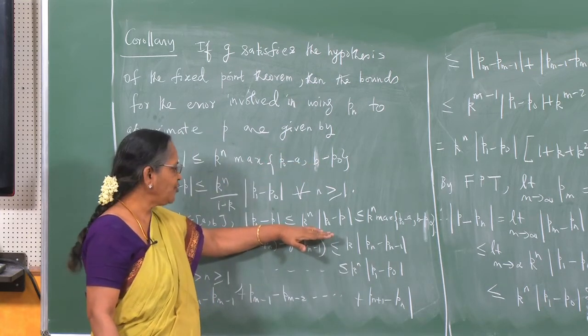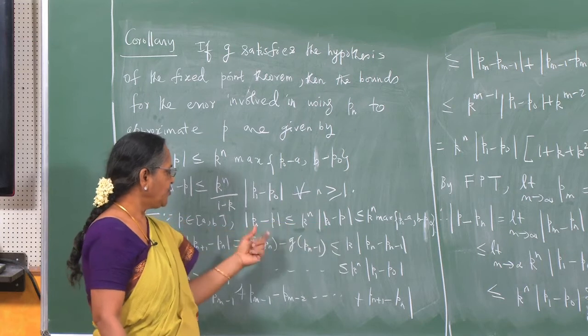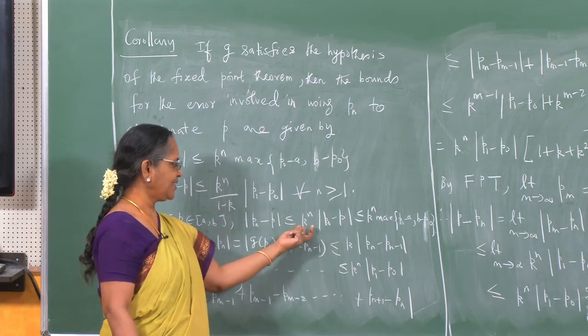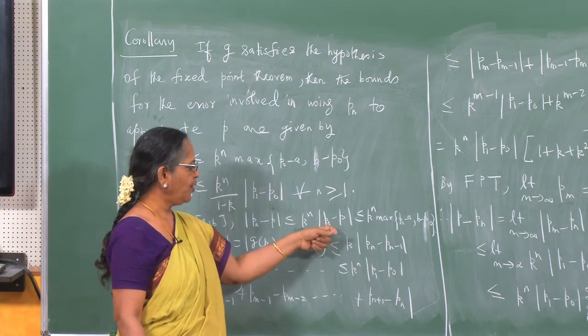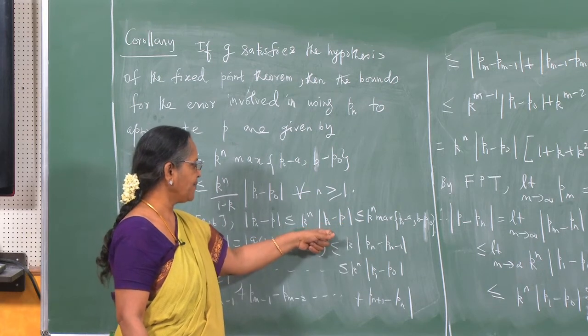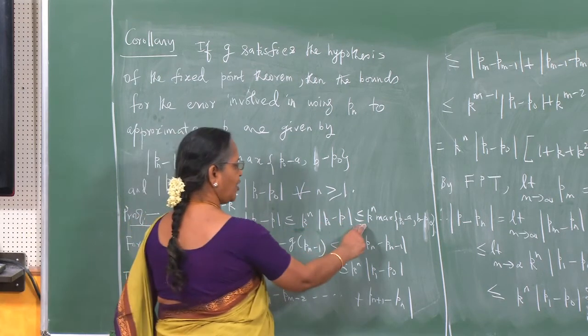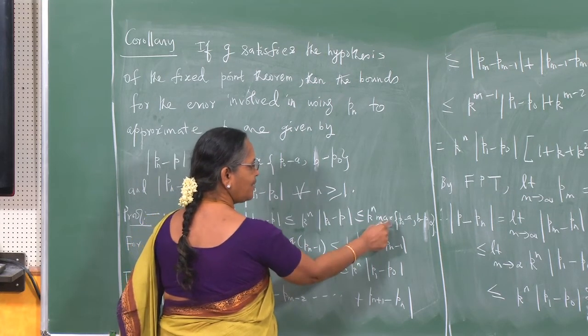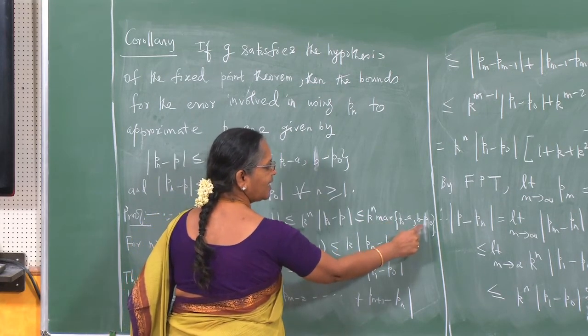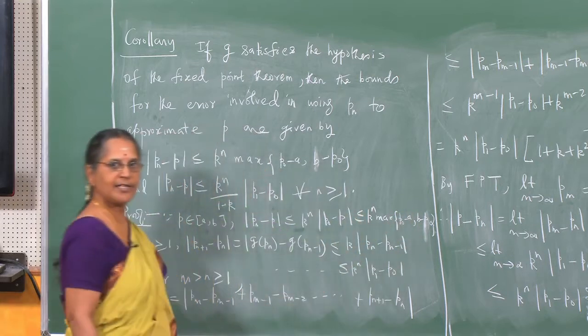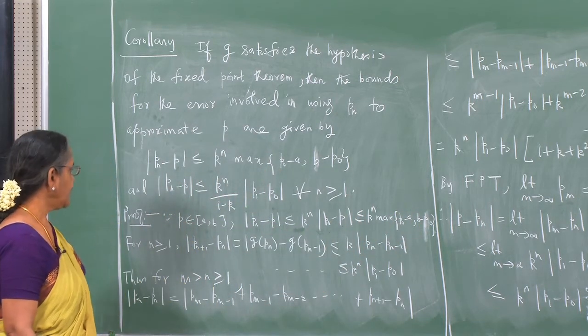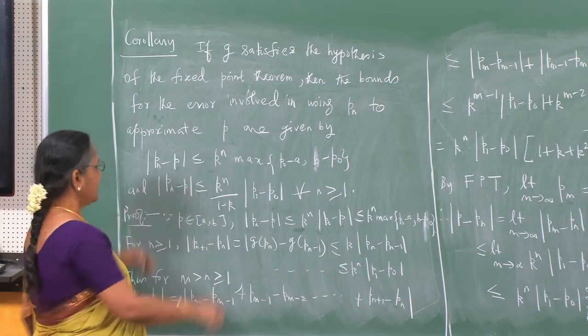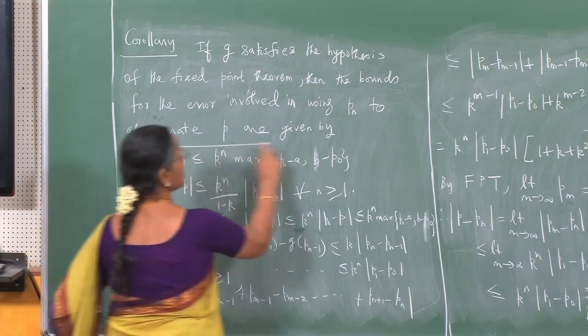So, I am making use of that result. So, mod Pn minus P is less than or equal to k power n into mod P naught minus P. So, that will be less than or equal to k power n into maximum of P naught minus a comma b minus P naught. So, that gives us the first result.